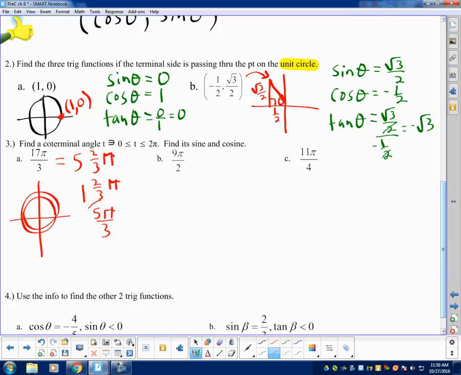So really, the coterminal angle between 0 and 2 pi here would be 5 pi over 3. So I go around twice, and then 5 pi over 3 is all the way back over to here.